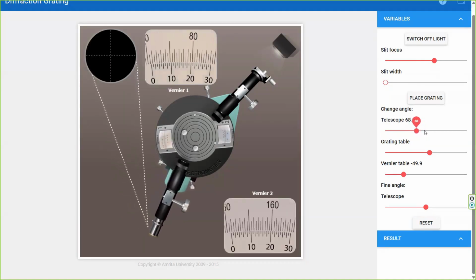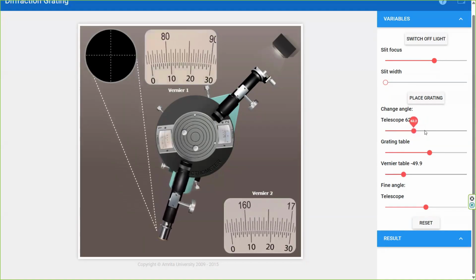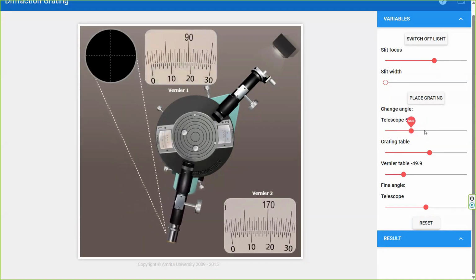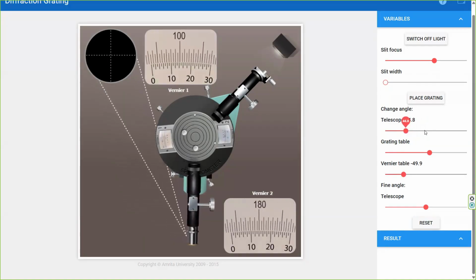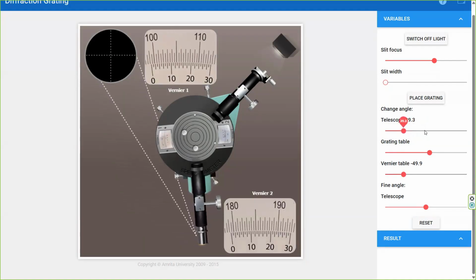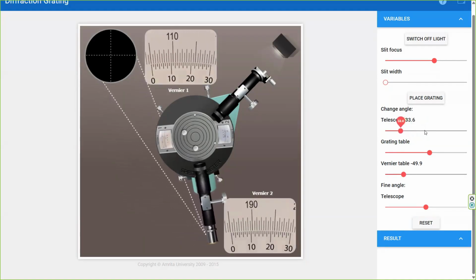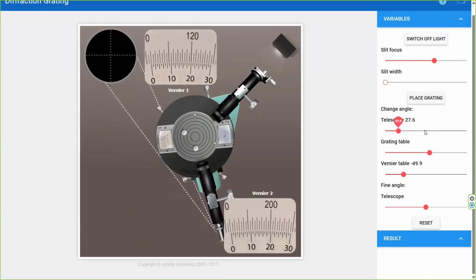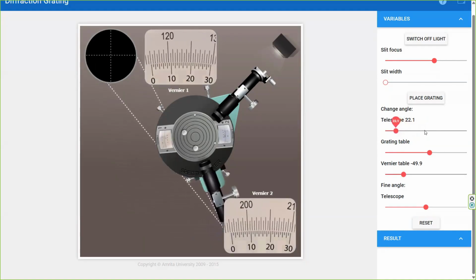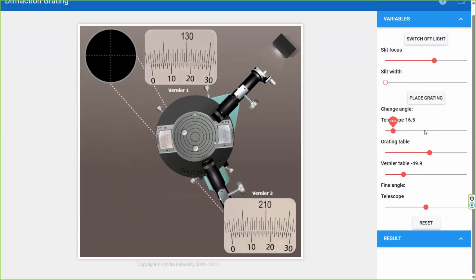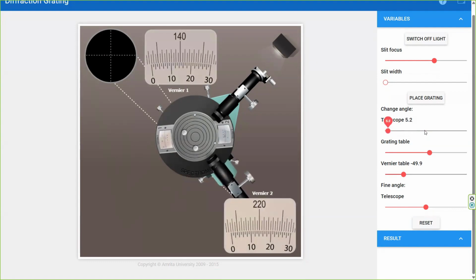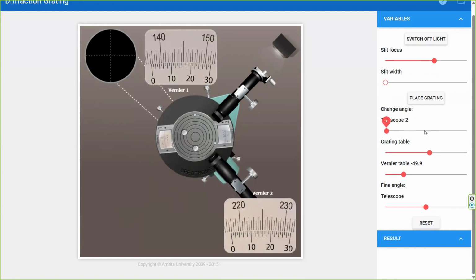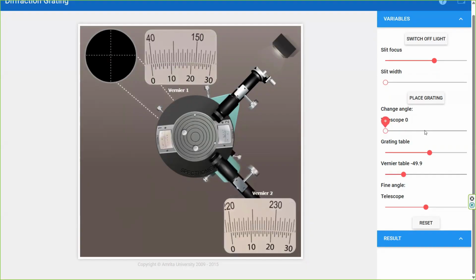So you have to rotate this telescope slowly until the 0 mark of the vernier exactly matches with 140 degree. So still I will rotate this telescope slowly and the 0 mark should be at 140 degree. And using the fine adjustment of the telescope, you can set it for 140 degree.